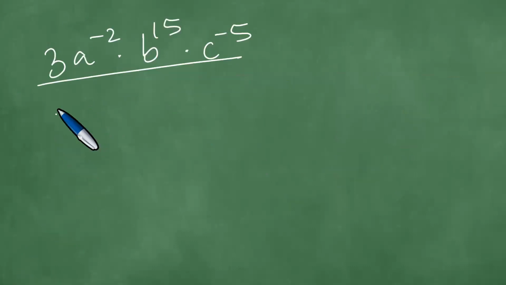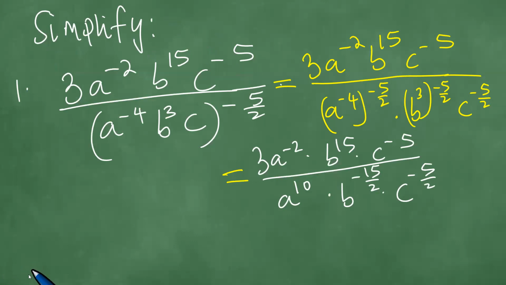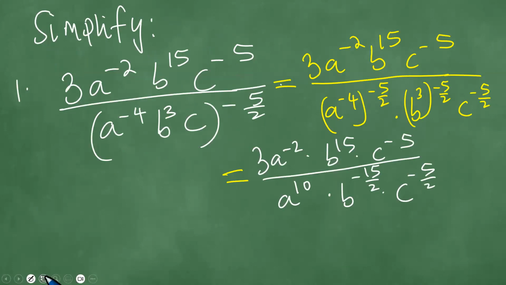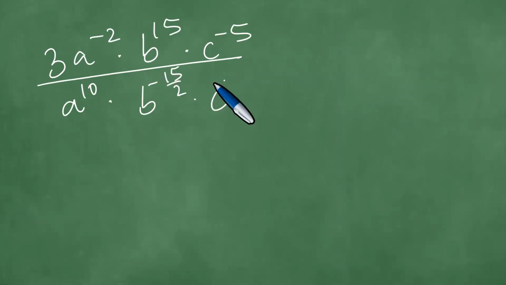So the bottom is a to the power 10, which is b to the power minus 15 over 2. Right, so this is exactly minus 15 over 2 times c to the power minus 5 over 2.